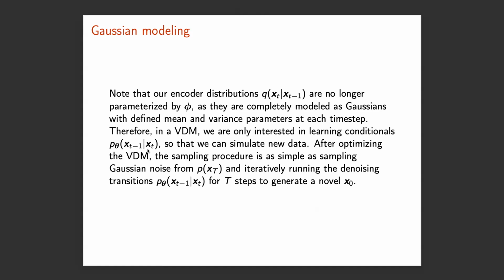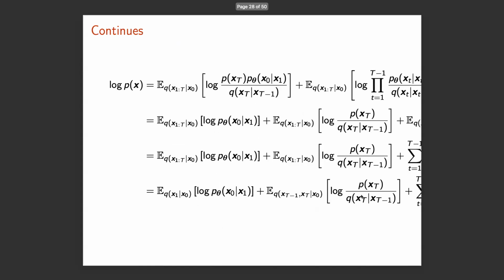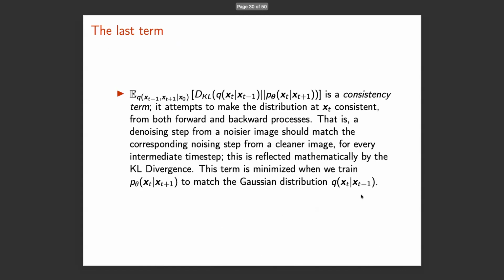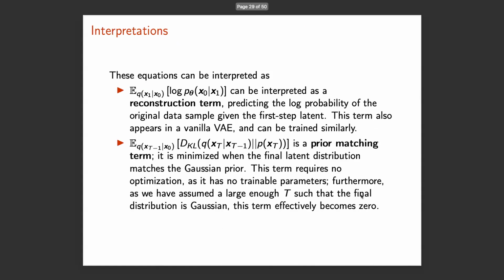When you optimize this variational diffusion model, the sampling procedure is as simple as sampling Gaussian noise from this p(x_T) and iteratively running the denoising transitions for T steps to generate a new final point x0, which is your final output. And this is what we went through as derivations, and then we have the different terms. These 3 different terms are evaluated by Monte Carlo sampling. That's a standard procedure to evaluate them.